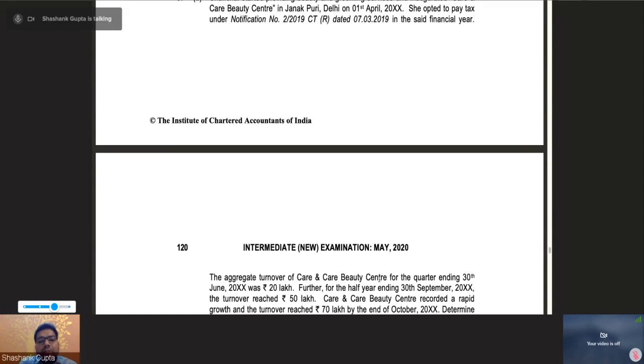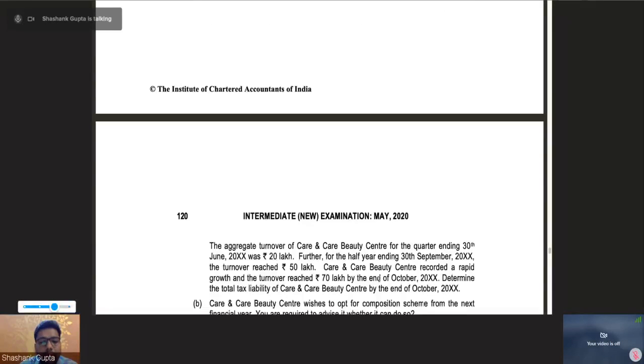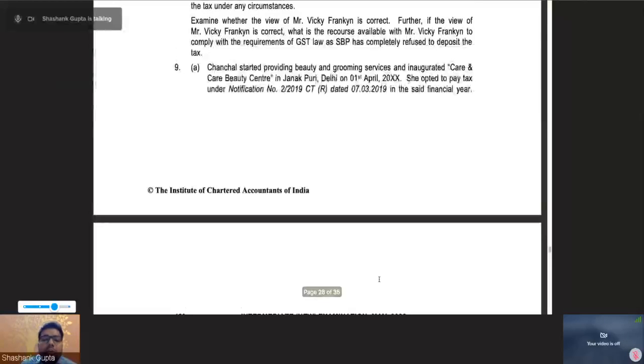So on 20 lakh, 18% will be 3 lakh and 60,000.